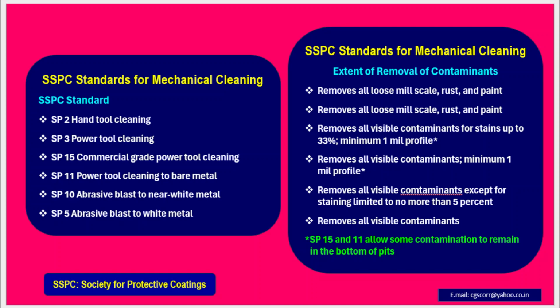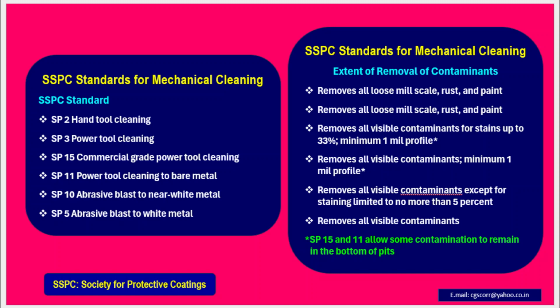That is, for SP15 and SP11, allow some contamination to remain in the bottom of pits. Remove all visible contaminants, minimum 1 mil profile. Here also SP15 and SP11 allow some contamination to remain in the bottom of pits. Removes all visible contaminants except for staining limited to no more than 5%.